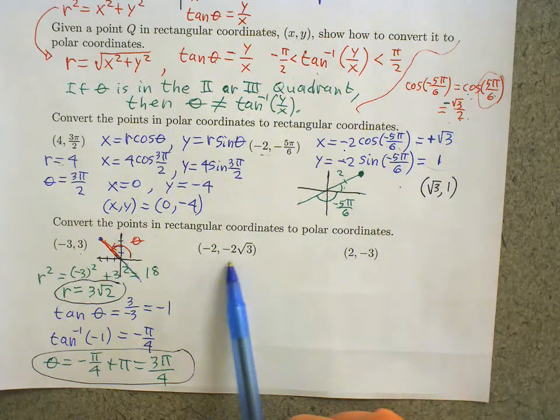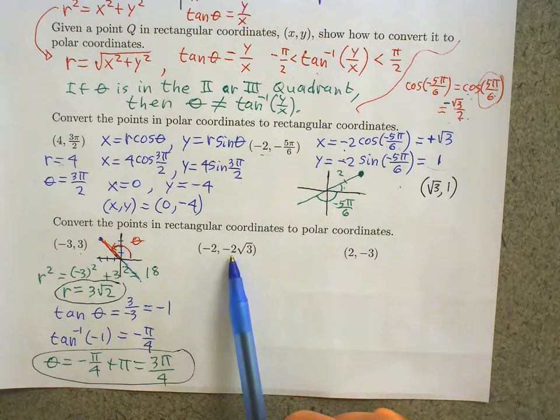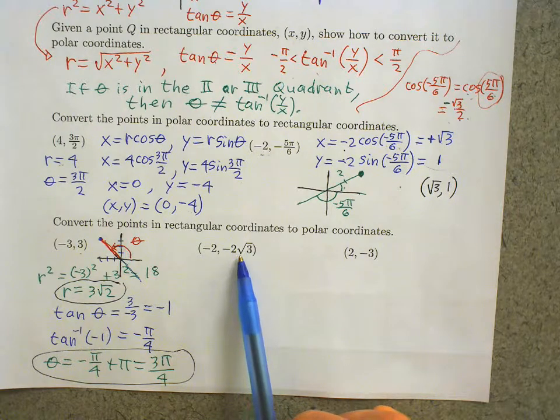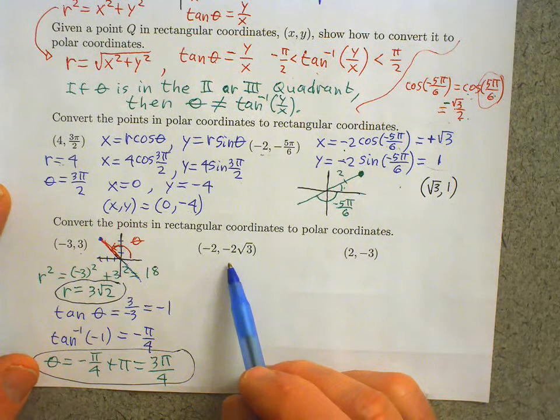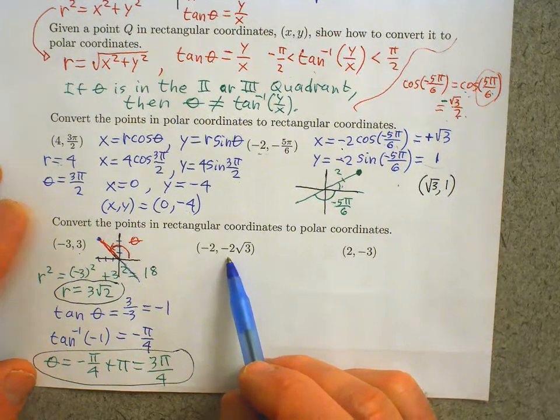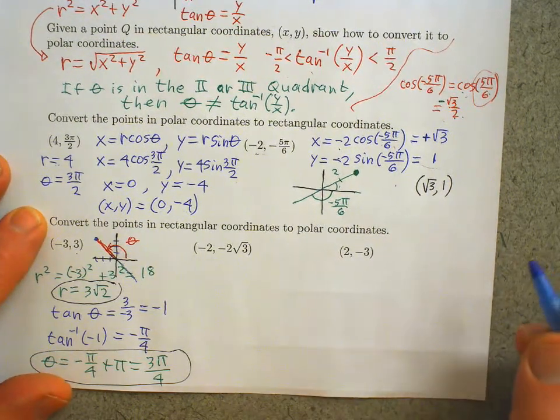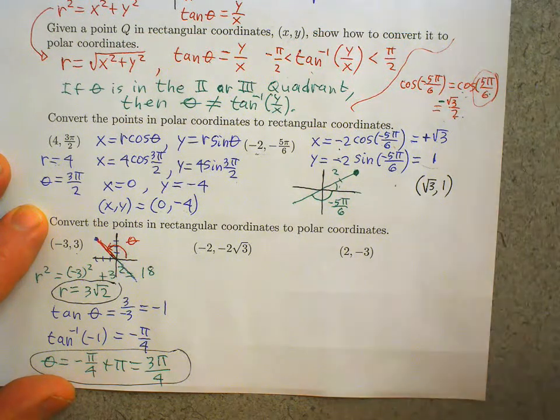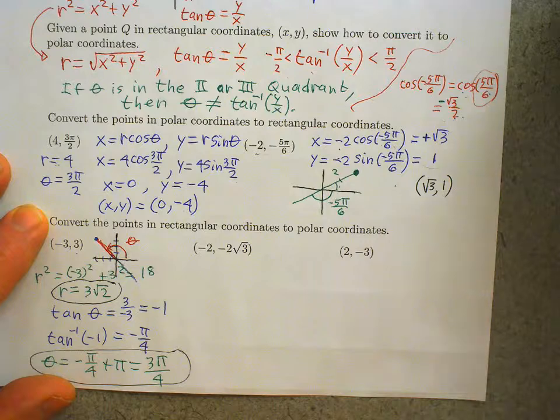Okay, at this point, negative 2 for x and negative 2 times the square root of 3 for y. This is in the third quadrant. So you can visualize that. It's in the third quadrant.